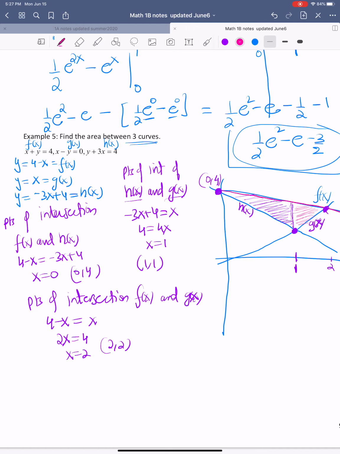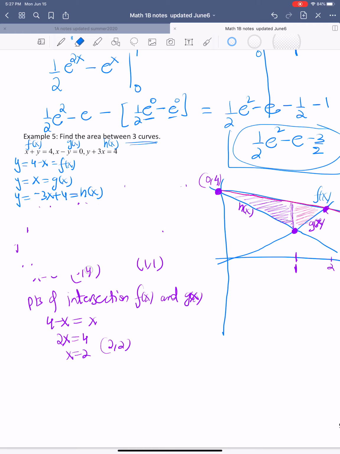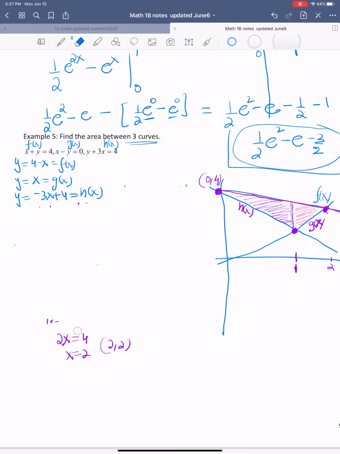We already have the points of intersection. All right, let's go ahead and set up the integrals now.